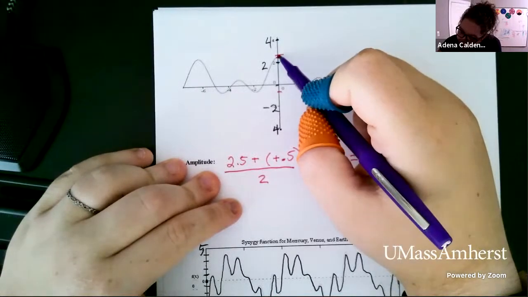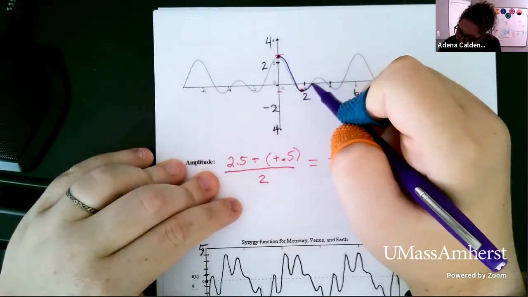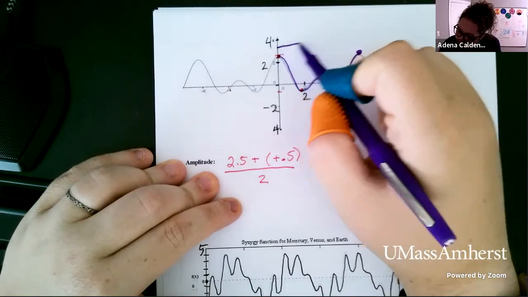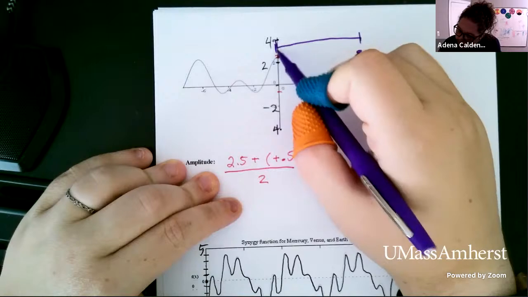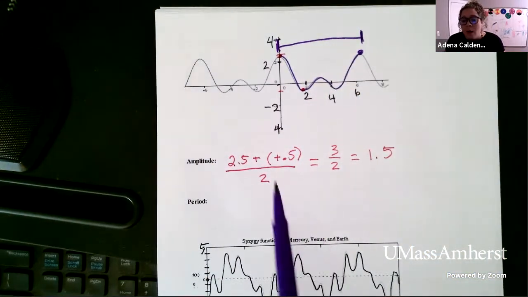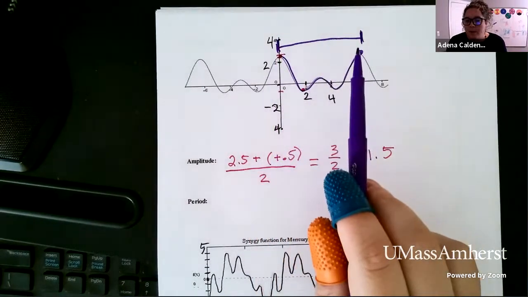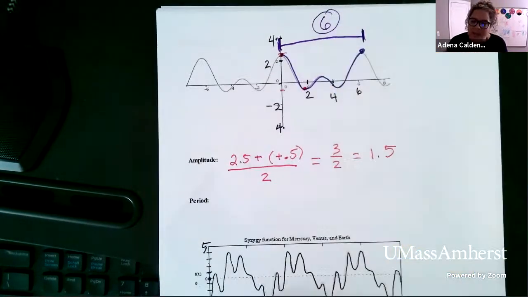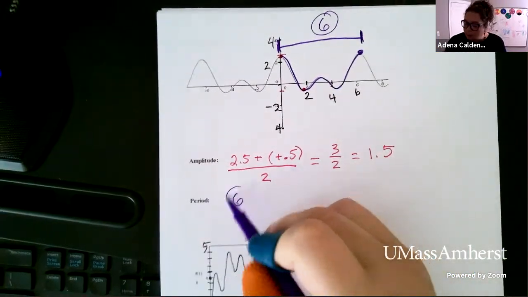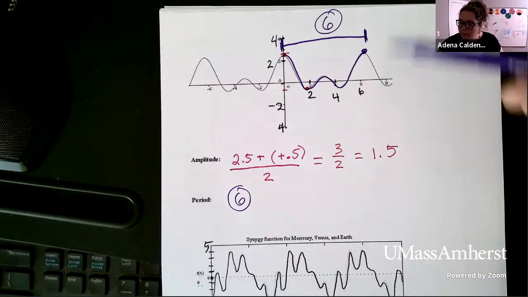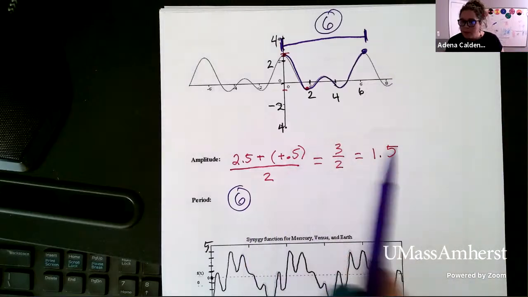So when I was trying to figure out my period, I just went from peak to peak and tried to figure out what that distance was. Starting at 0 is helpful because then I measure to whatever that X value is, which here gives me 6 units. So I approximated the period to be approximately 6 units. Again, amplitude, vertical; period, horizontal.